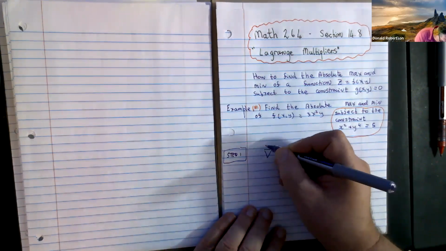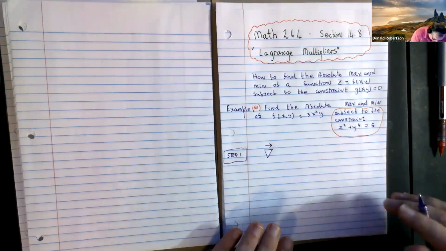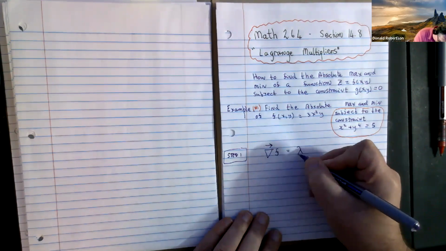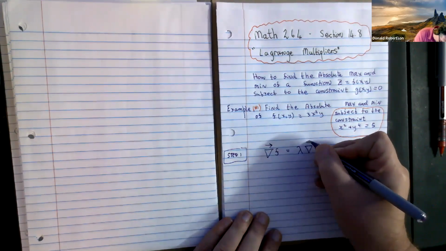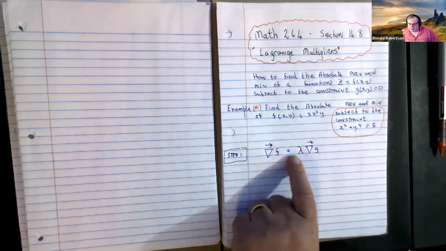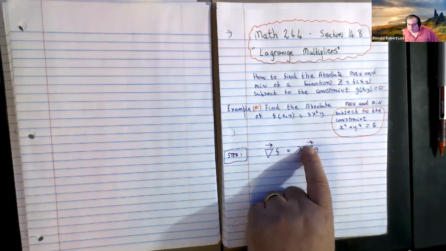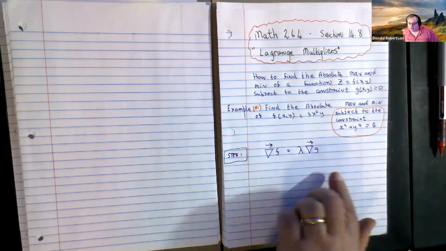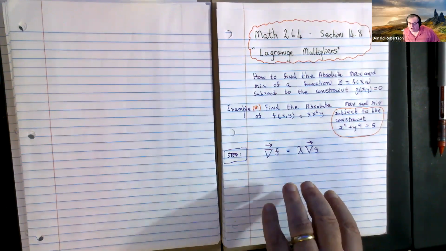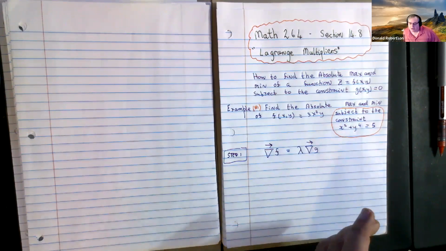Lagrange found out that the places where this is true, where you can find this answer, you get them by solving this equation: the gradient of f equal to some number lambda, they typically use lambda, times the gradient of g. And so what you're going to do is basically set up a system of equations, and you're going to solve that system of equations. You're going to find x's and y's at work.